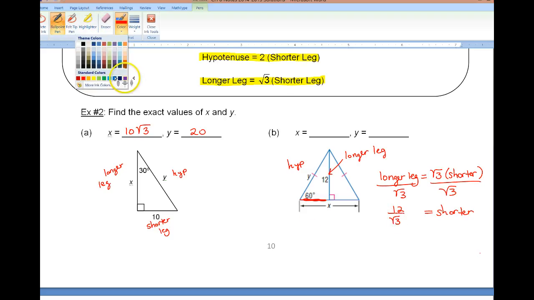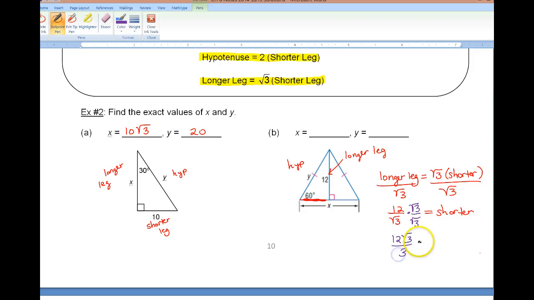So I'm going to multiply by root 3 over root 3. So I get 12 root 3 over 3, which is 4 root 3. And that's the shorter leg, which is half of x. So if this is 4 root 3 here, the whole thing would be 8 root 3.